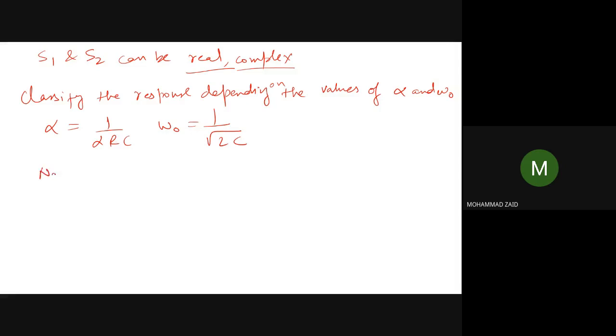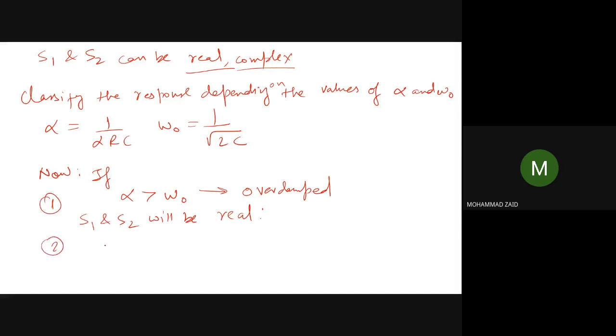Now if alpha is greater than omega naught, then the response will be overdamped and S1 and S2 will be real. That is the first condition.